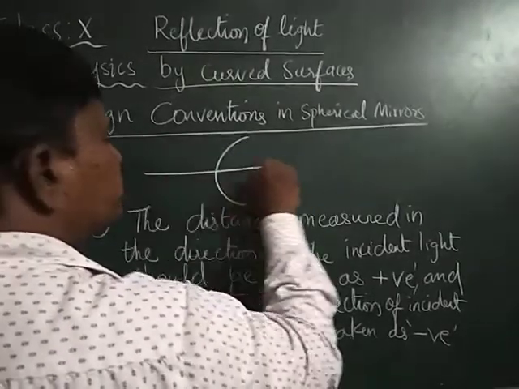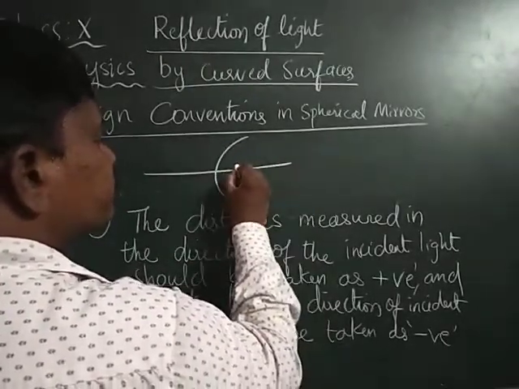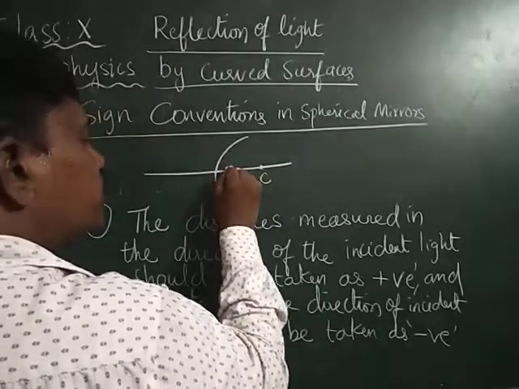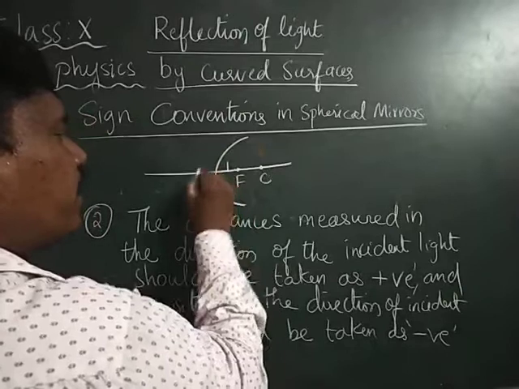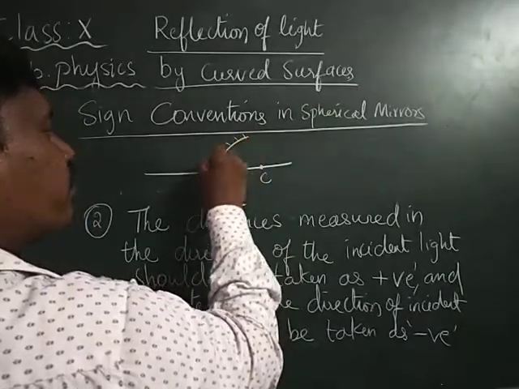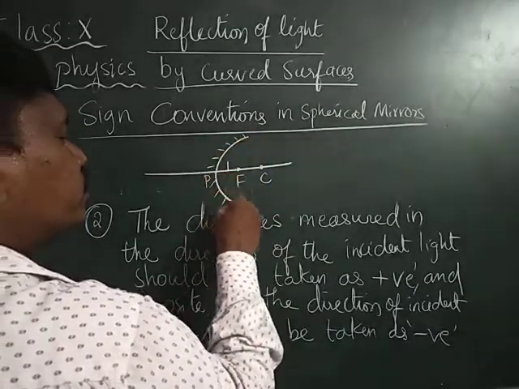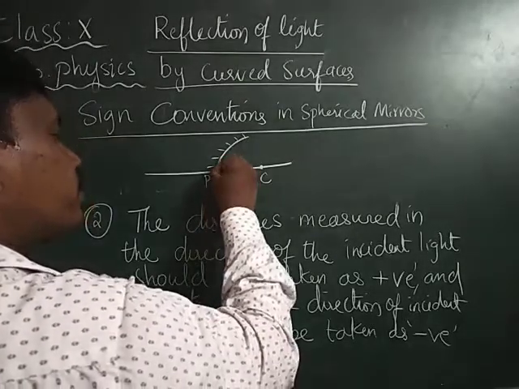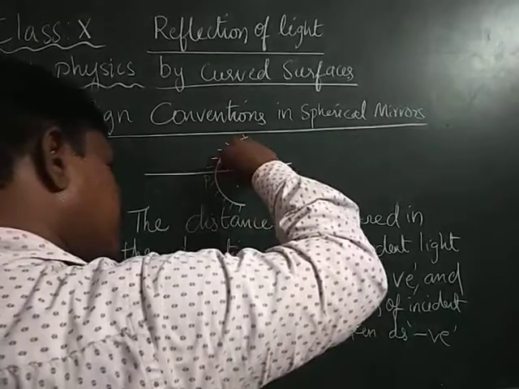I am taking an object between P and F. When the object is between P and F, we get the image like this.